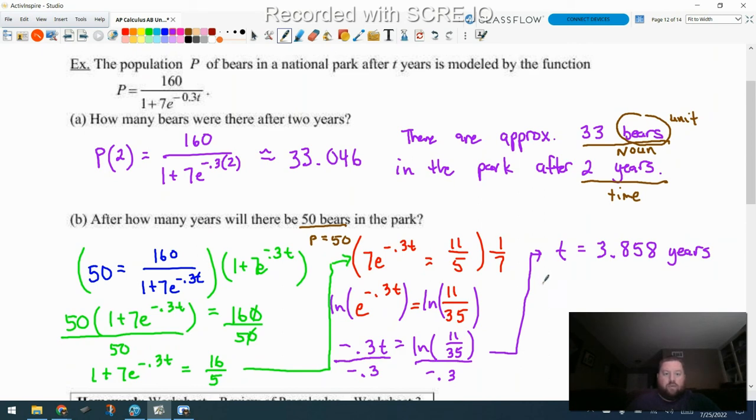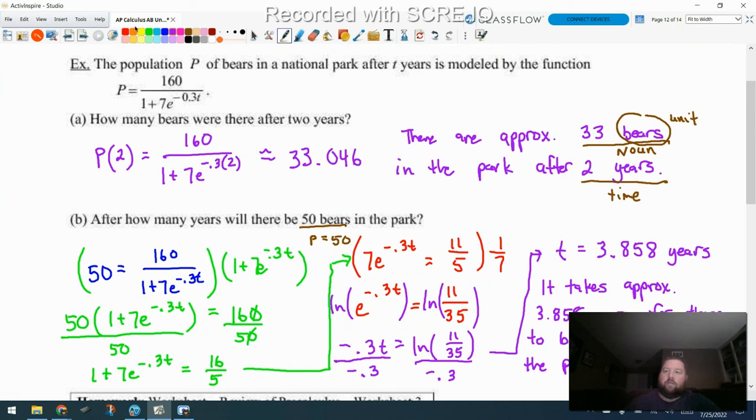So there, let's see, it takes approximately 3.858 years for there to be 50 bears in the park.